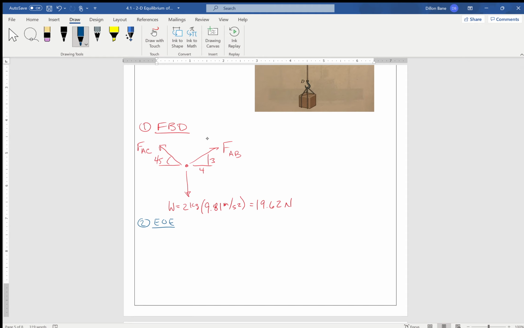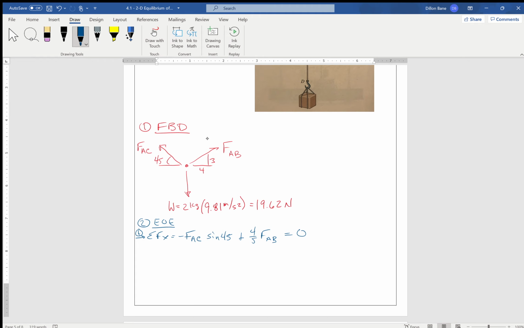If we sum forces in the x, and as always, let's assume to the right to be positive, then we have negative FAC sine 45 plus 4/5 of FAB, positive because it acts to the right. And then the weight force acting at point A has no x component, so those are the only two we have, and we set that equal to 0 because we're looking at a free body diagram that is in equilibrium.